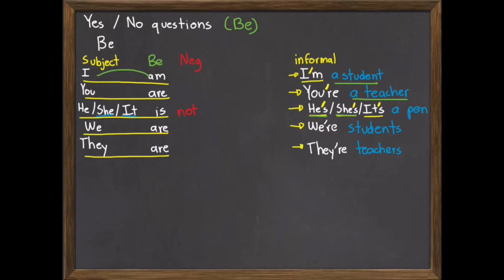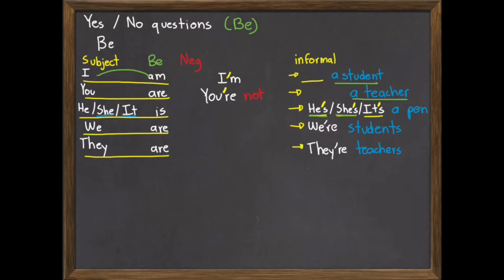You can join them together. In the case of, for example, I'm, you can say I'm not a student. You can also say you're not, like this, or he's not.